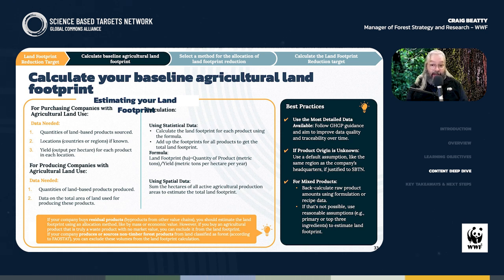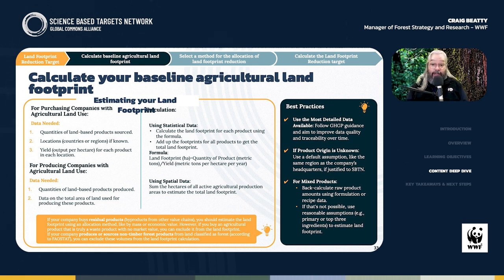For calculating land footprint of complex products, you can back calculate raw product amounts using formulas or recipe data. And if that's not possible, just use a reasonable assumption, for example, the primary or the top 3 ingredients, to estimate the land footprint.